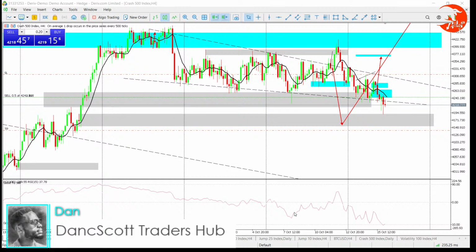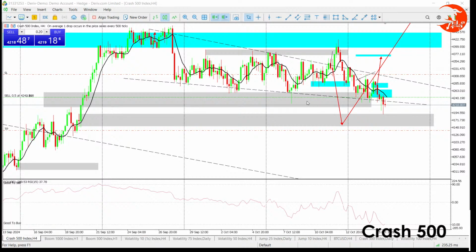So starting with Crash 500, we saw it come to tap to this level. This is a support level that was not tested at all, and right here we can see that it has been tested. What does that mean?